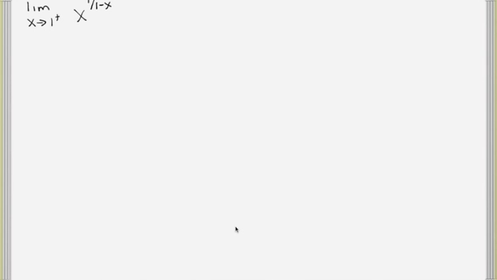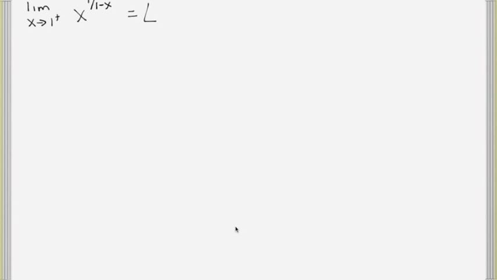To anyone whose heart feels tugged when I say that. When I plug in a 1, I get, up in the exponent, 1 minus 1, 0. 1 over 0 is infinity, so I get 1 to the infinity here. This is the one that's the hardest to believe, but it is indeterminate.